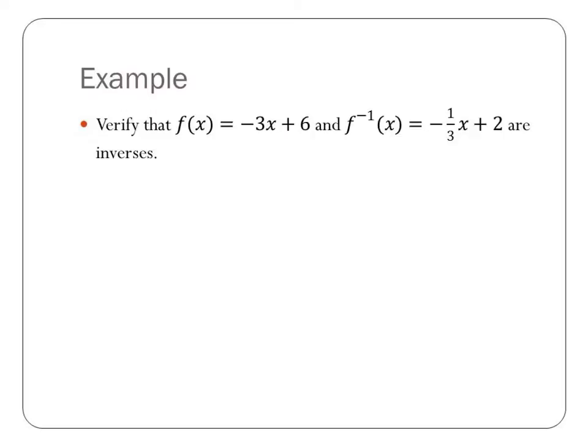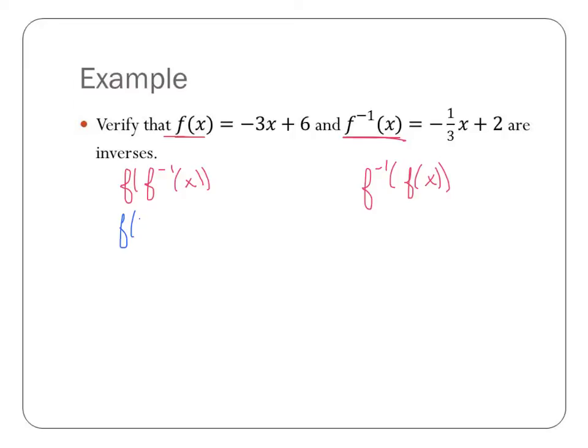So we're going to verify that these are inverses of each other. So we have f of x and we have f inverse of x, and we need to do f of f inverse of x, that composition, and we need to do f inverse of f of x. So if we remember composition functions, we should insert the middle one here first.